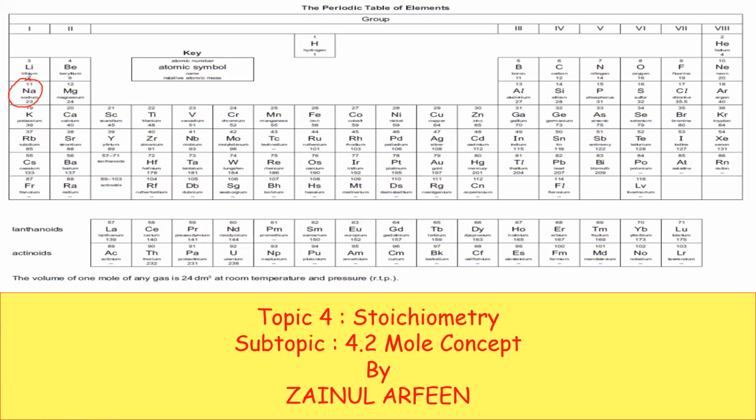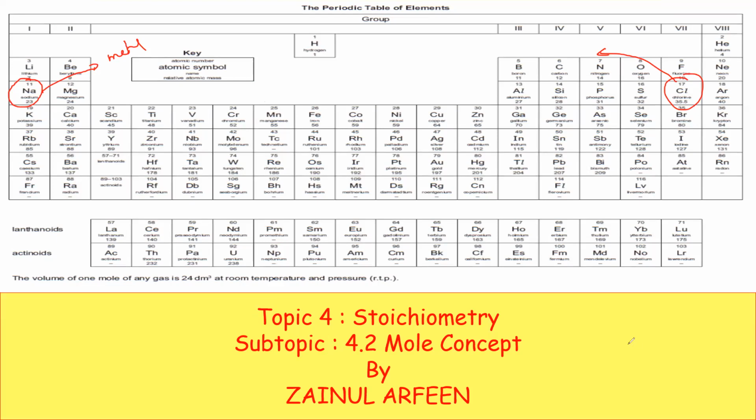Is it a metal or a non-metal? It is on the left hand side of the periodic table, so sodium is a metal. And when we check chlorine, which is on the right hand side of the periodic table, it is a non-metal.